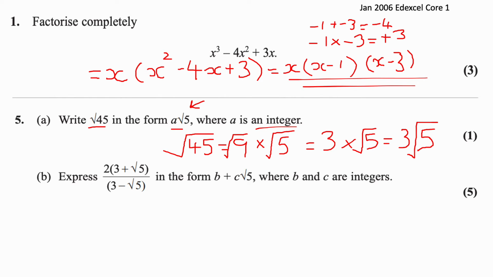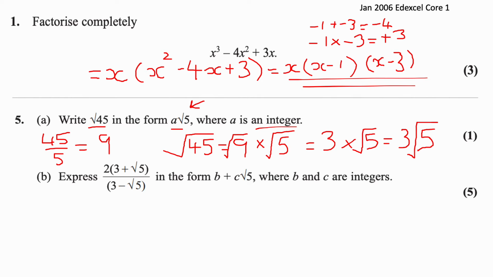So to work out the missing bit, 45 divided by 5 gave me 9. And I know that I can take the square root of 9. So that's like a little cheat way of working out the other number in my square root, guys. But obviously, if it hadn't given you the form, then you would be expected to know what the square number factors are. And there's no harm in writing them to the side somewhere.